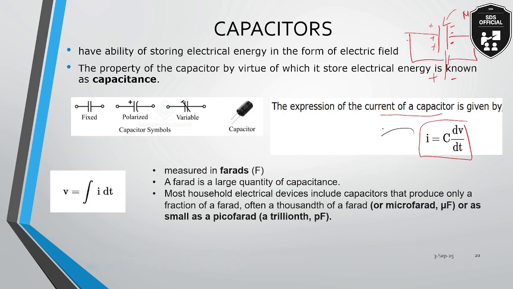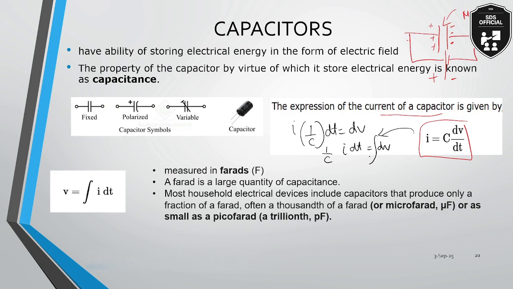From this particular formula we can also derive the expression for the voltage. So how can we do that? Take capacitance to the right hand side: I into 1 by C dt is equal to dV. As we know, capacitance is a constant, so we can take it outside, and the expression is 1 by C I dt is equal to dV.